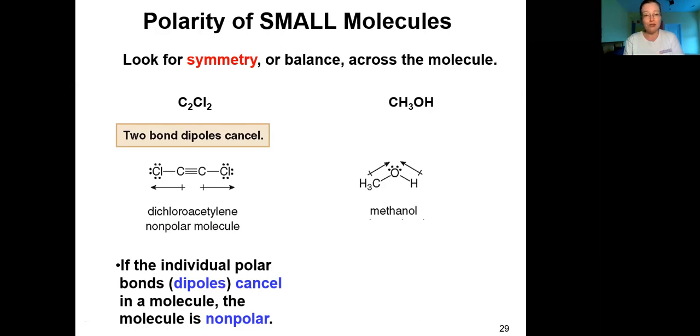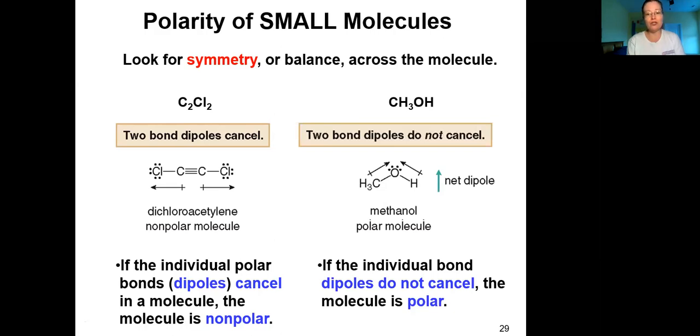The arrows are letting us know that oxygen is more electronegative than the hydrogen or than the CH3 group. The electrons are being attracted toward the more electronegative oxygen atom, and we've created two polar bonds, but this time they're not canceling each other out. In fact, they're reinforcing each other. They're all headed in the same direction, just like in water.